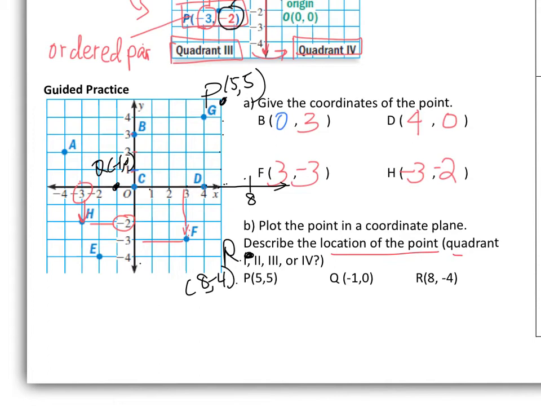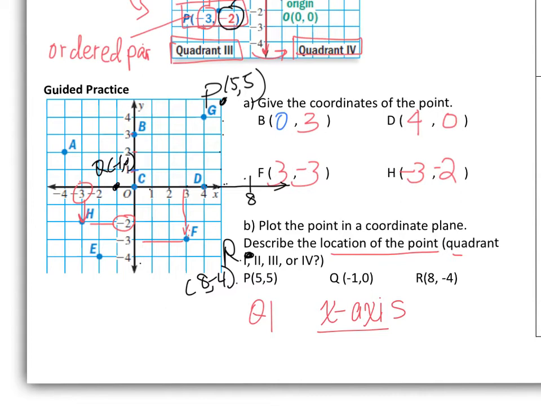Okay, so P (5, 5) is obviously in quadrant 1. Q (-1, 0) will lie on the x-axis. So if you have a point that is located on either the x-axis or the y-axis, you just write x-axis or y-axis. You don't have to write quadrant 1, 2, 3, or 4.